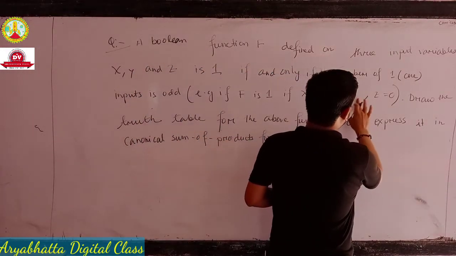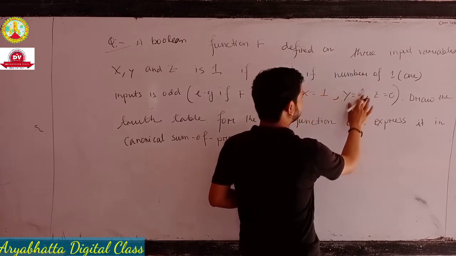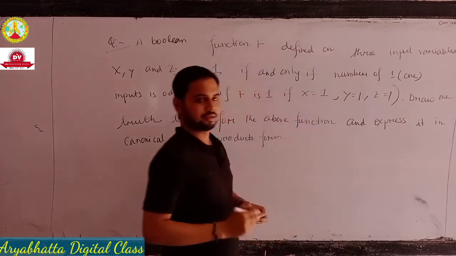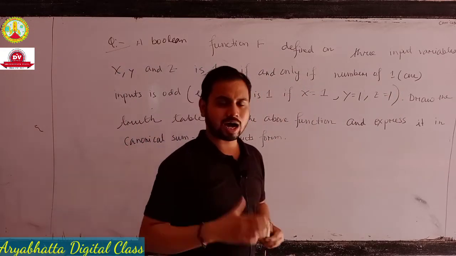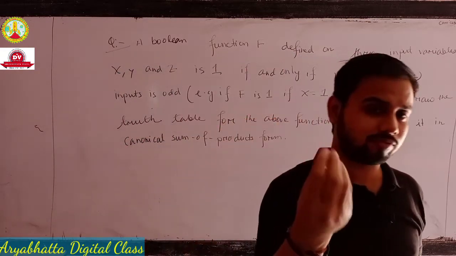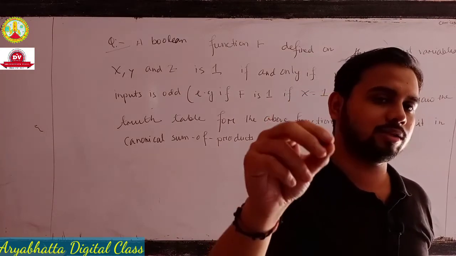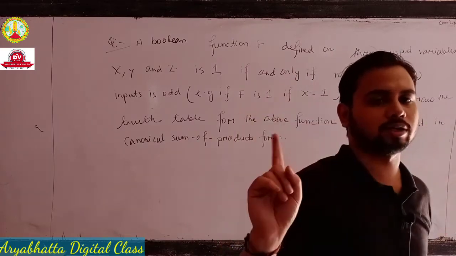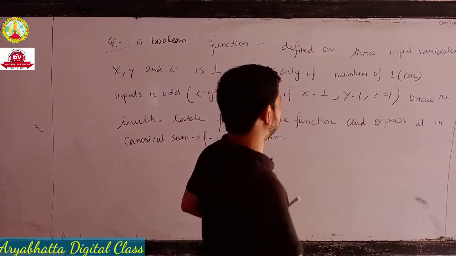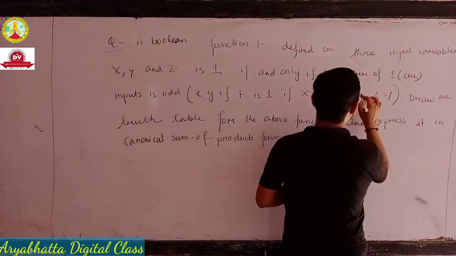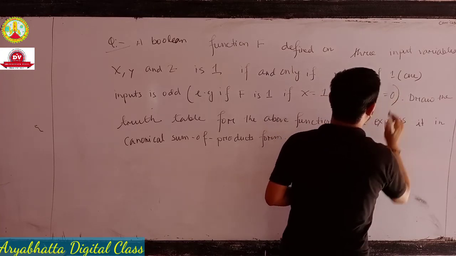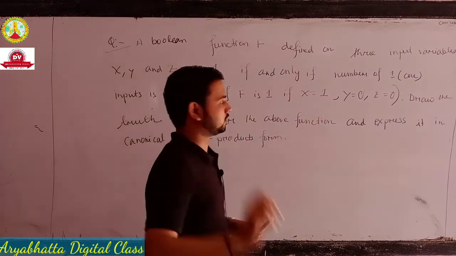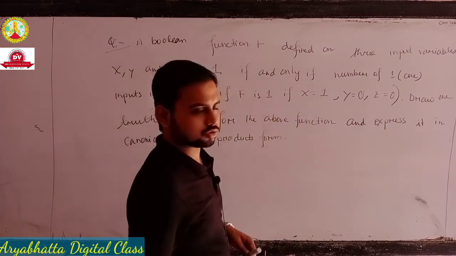But suppose x is equal to 1, y is equal to 1, and z is equal to 1, then f is equal to 1. Means the number of 1s in the input is odd, then the output will be 1. Otherwise it is 0. In our question x is 1, y is 0, z is 0, so the number of 1s in the input is odd. That's why the result is 1.